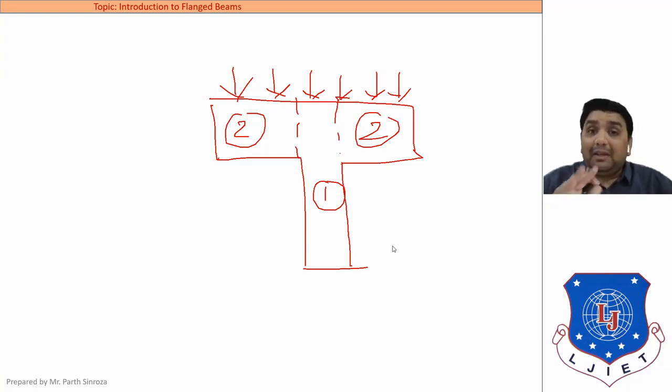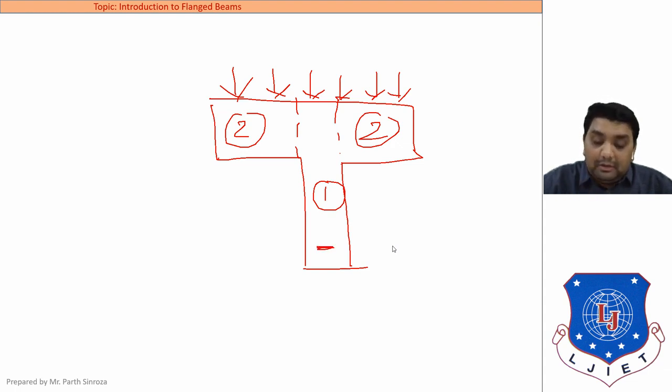Now if we take only this section 1 and forget that there is any section 2, this section 1 becomes a rectangular beam. Steel is provided only in this case, that is our single T-beam.